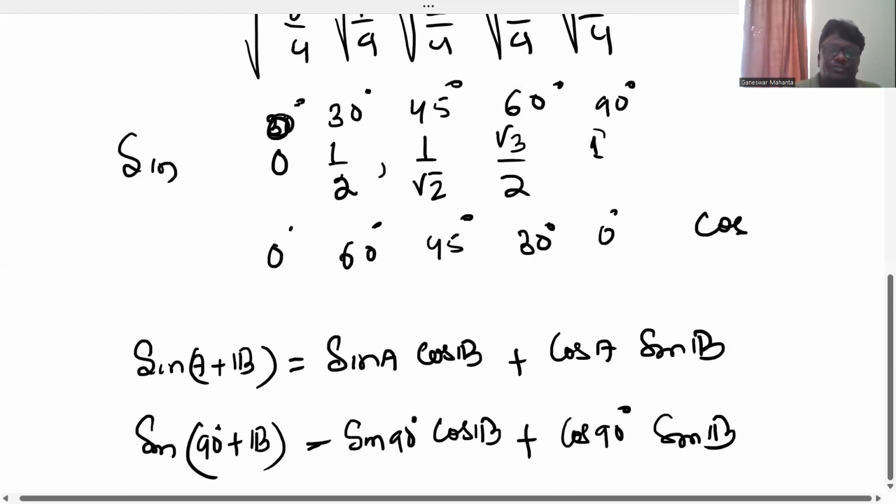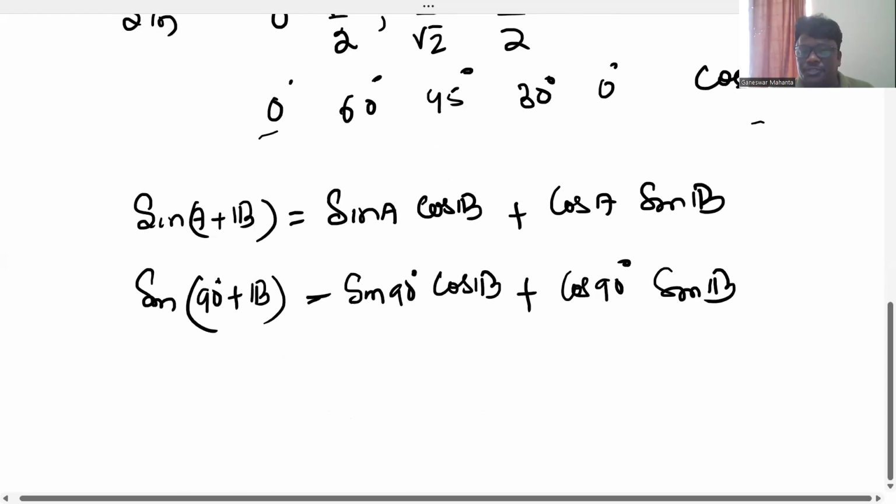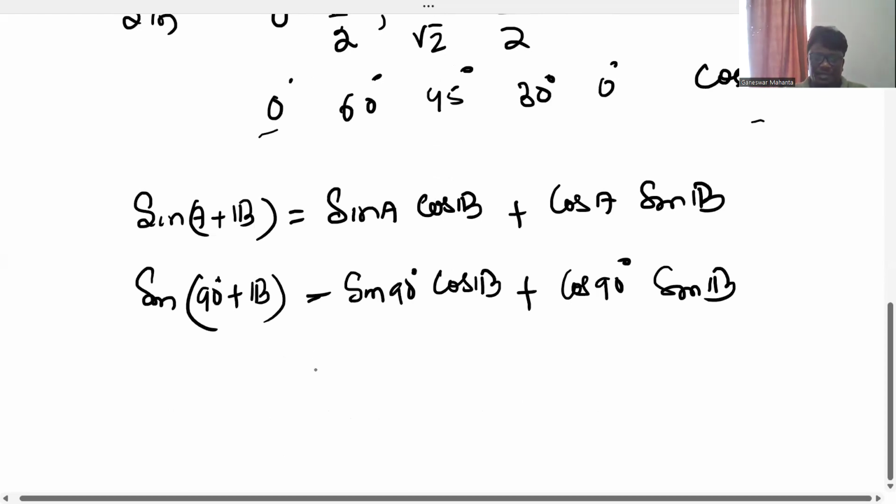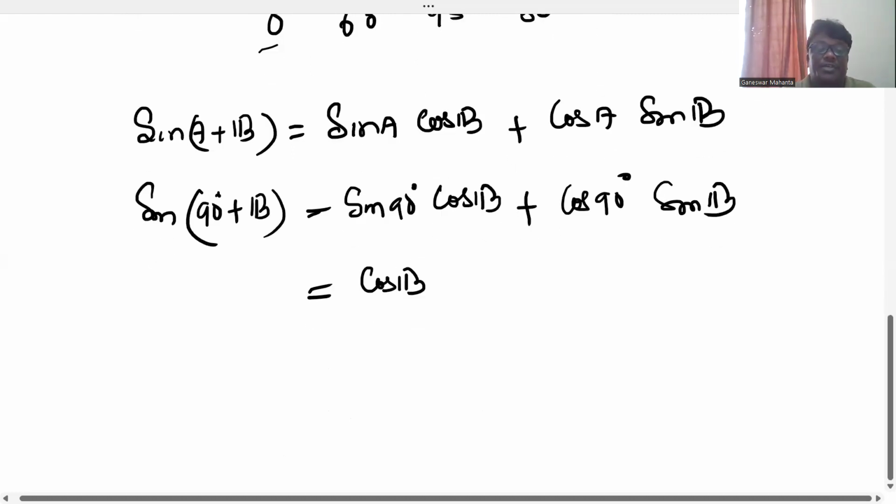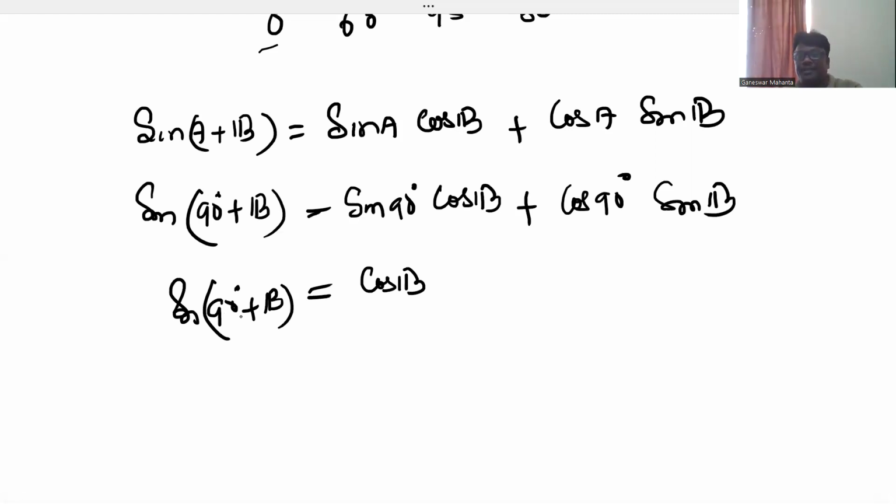If you do not know these values, prepare this table. Sin 90 is 1, cos 90 is 0. So let us substitute: sin 90 is 1 in cos B, cos 90 is 0, so there is only cos B. So sin 90 plus B is cos B.